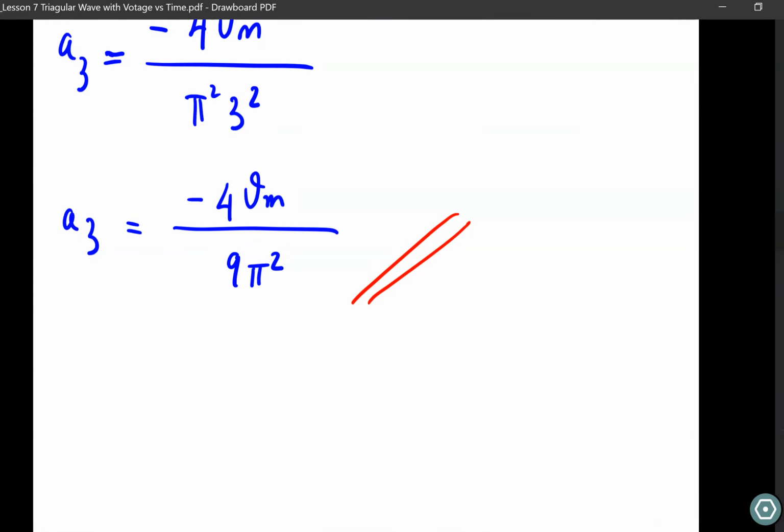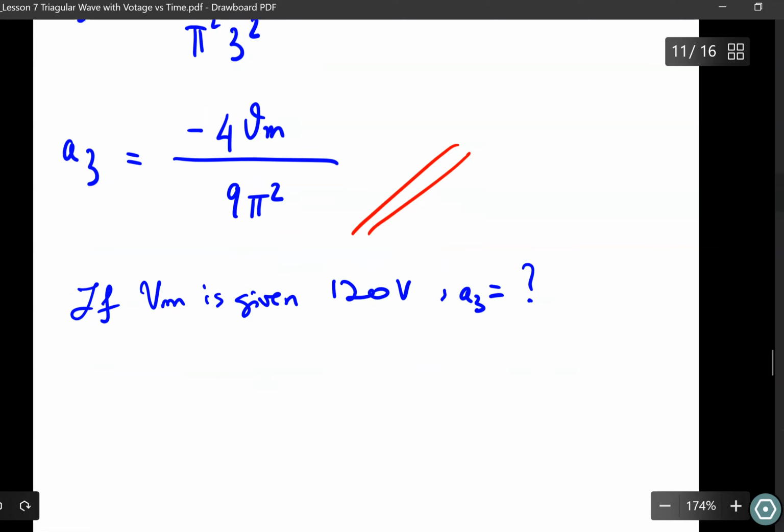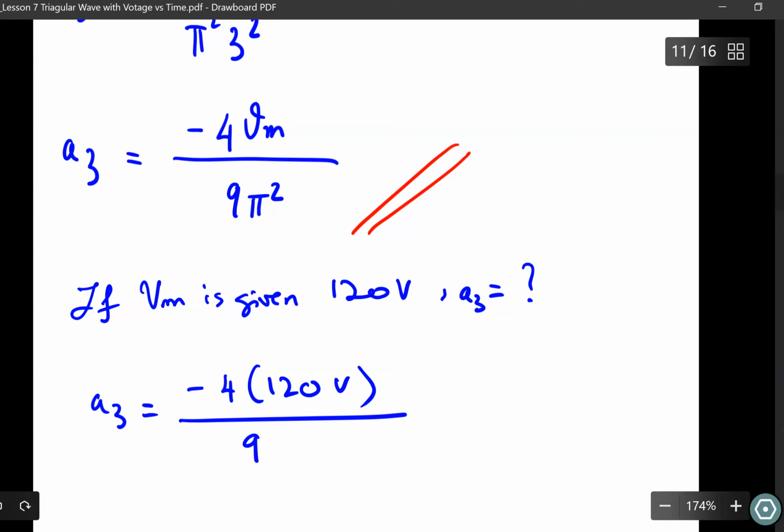Alright, okay. At this point, I would like to add something. So, if Vmax is given as 120 volts, then what is A3 equal to? What you do in this case is just write A3, substitute 120 volts in here to figure out this value.